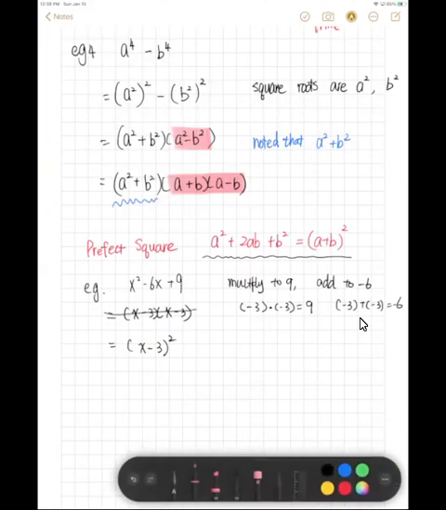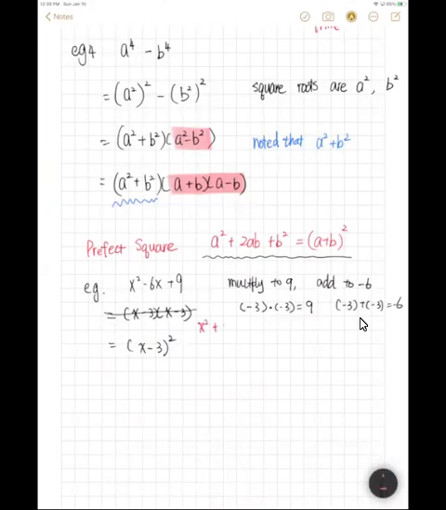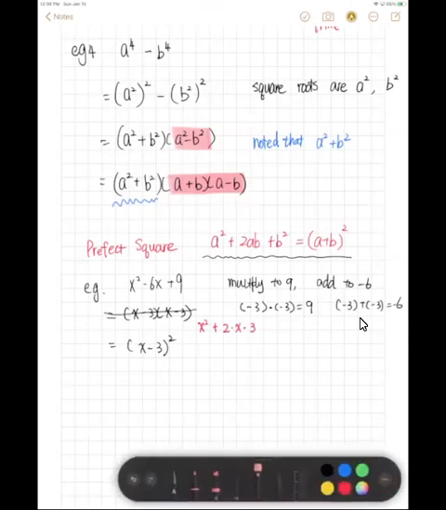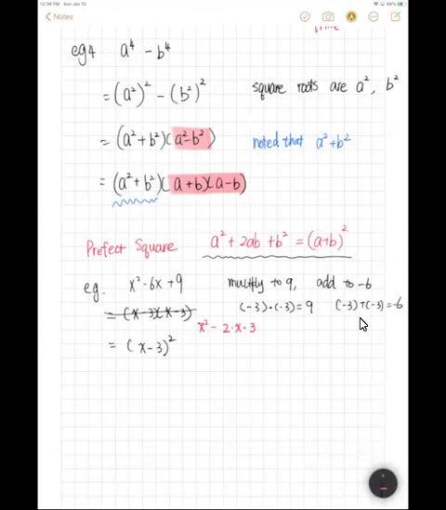I can write it as x squared plus 2 times a times b, because 6x is equal to 2 times x times 3, and then plus 3 squared, which is our b squared. So if we use that formula, we can get to the answer, which is x minus 3 squared.